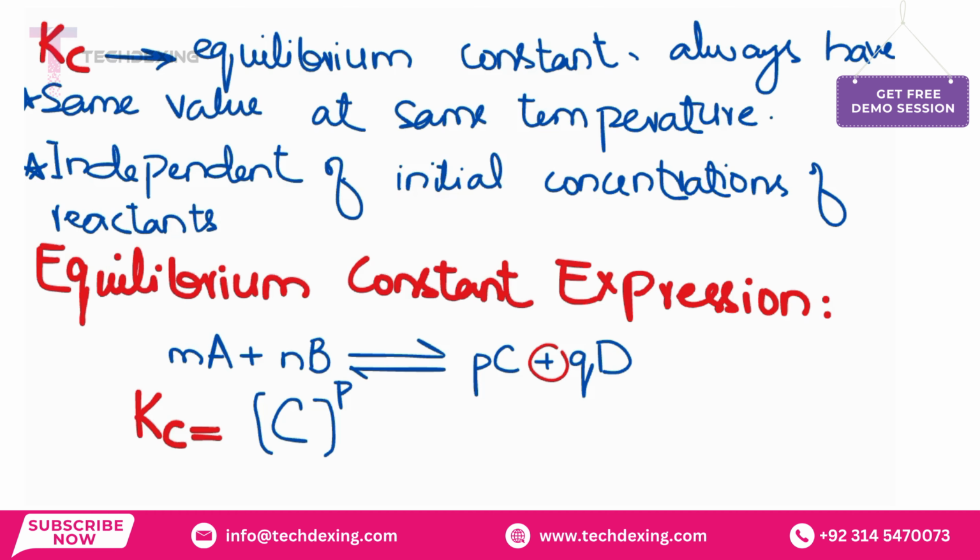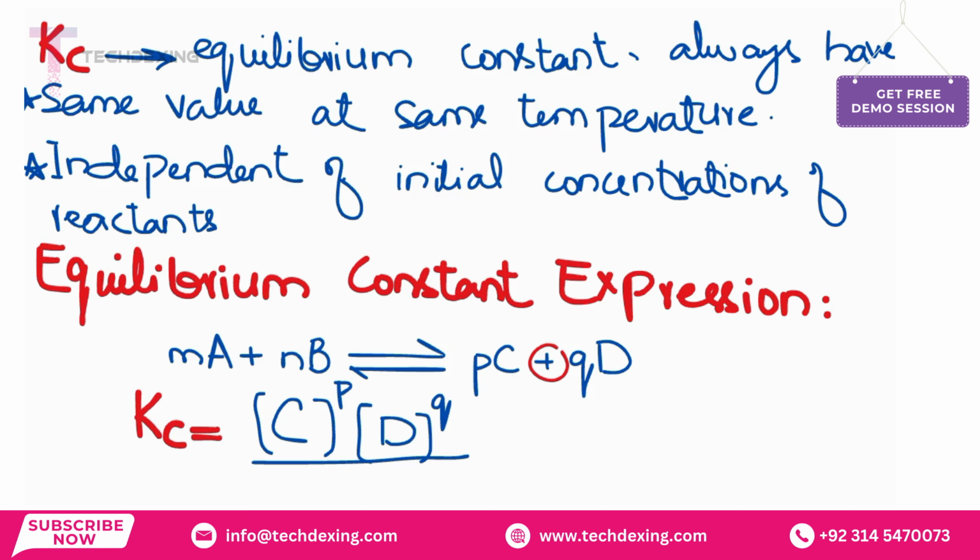So if you're going to write the expression for D, you would put another square bracket. Your product is D and Q is the power of this molar concentration. Got it? So never put plus between the two concentration terms. These are multiplied with each other. Then you would divide them by the molar concentration of the reactants.